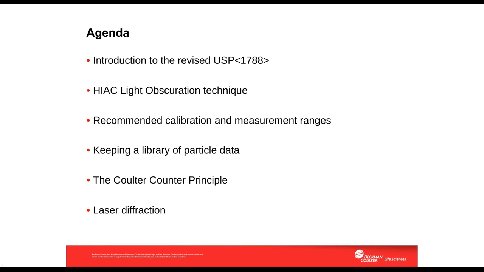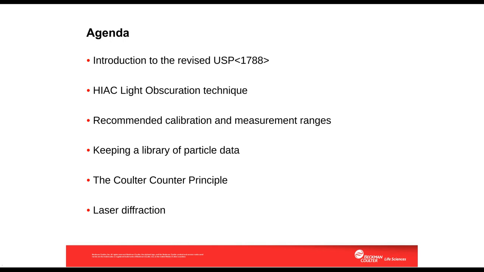So here's today's agenda. Today, we'll take an overview of the revised United States Pharmacopoeia Chapter 1788, and then we'll move on to take a look at the compendial pass-fail test for subvisible particles in injectable drugs, the HIAC light obscuration test.